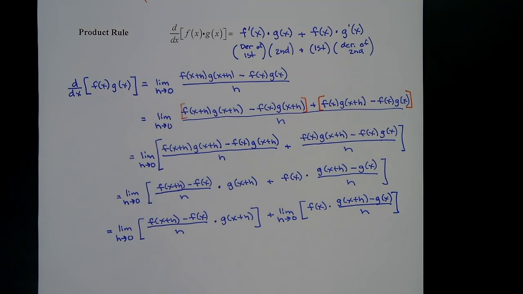Okay, now the limit of a product, and we have a product here, is we can take the limit of each one and get the result of that.